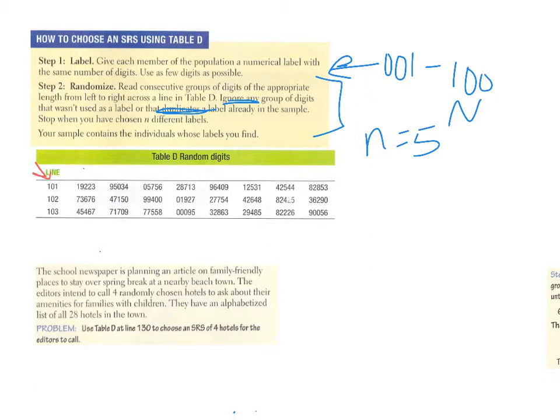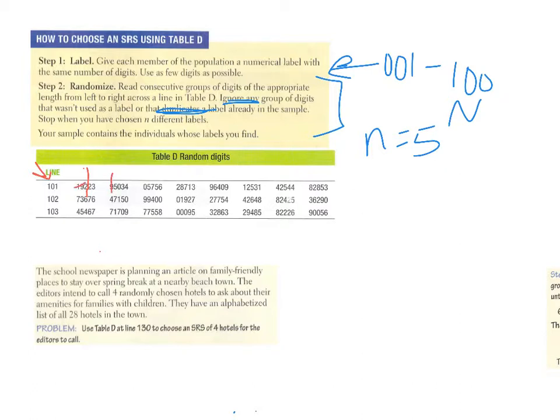Basically, I'm going to run down this line to my right, looking at clumps of 3. So 192, that's a clump of 3. Well, 192 is bigger than my population size, so that doesn't work.